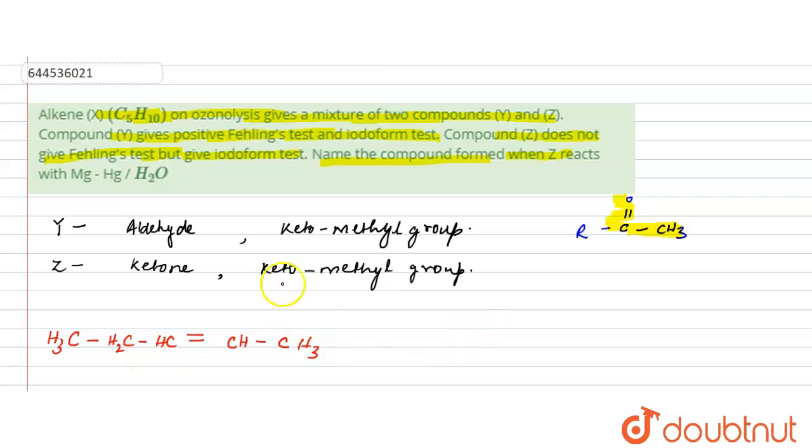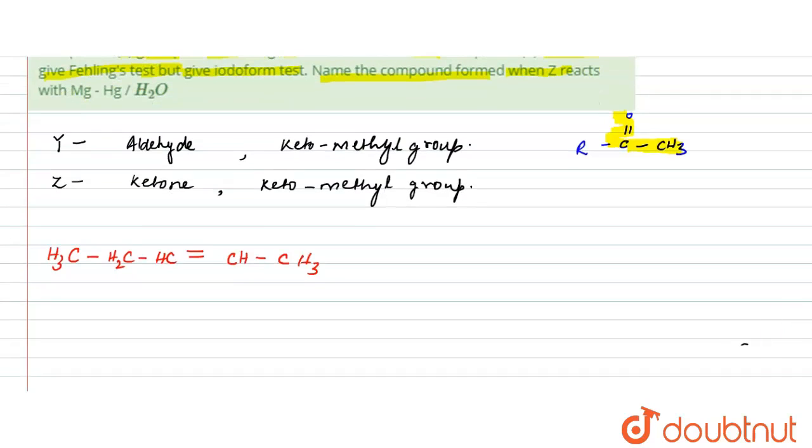Now if you make such alkenes, then on reductive ozonolysis, what will you get? You will always get the formation of aldehydes. Only aldehydes will be formed, because when you break this bond, a double bond to oxygen gets attached from both sides. So you will always get an aldehyde if you have a straight carbon chain.